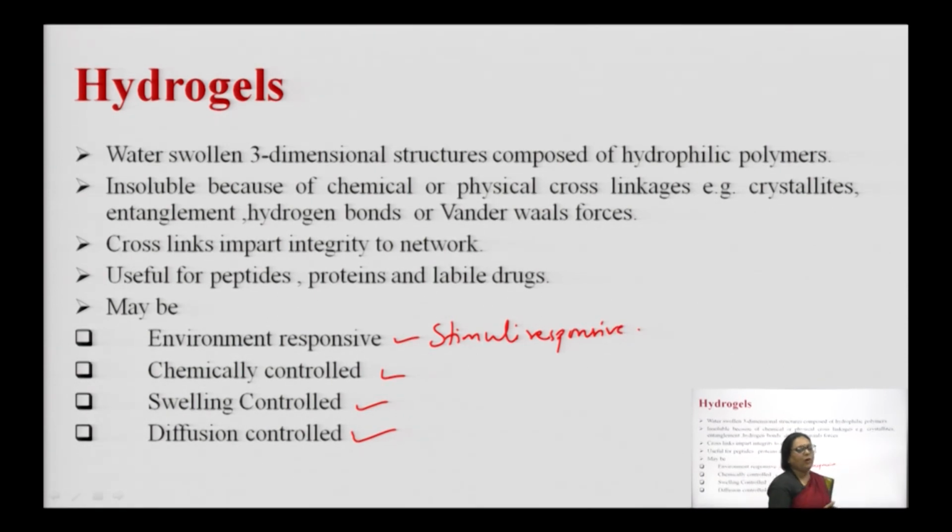Here the polymer is not in a gel state initially, rather on getting appropriate stimulus or encountering particular environment, the polymer will gel up in situ and exhibit slow drug release. Then we have chemically controlled hydrogels similar to the chemically controlled systems, swelling controlled and diffusion controlled, all similar to the previous mechanisms discussed earlier.